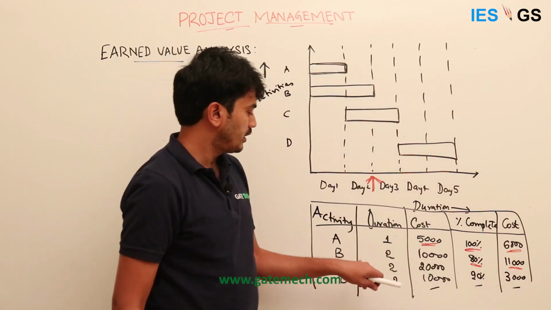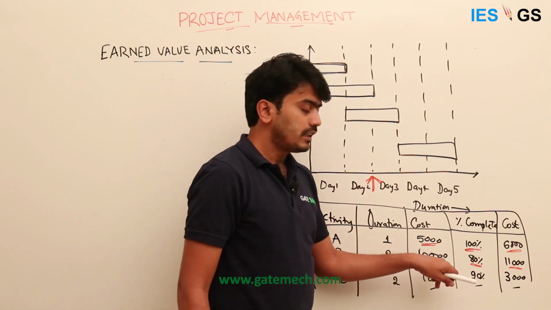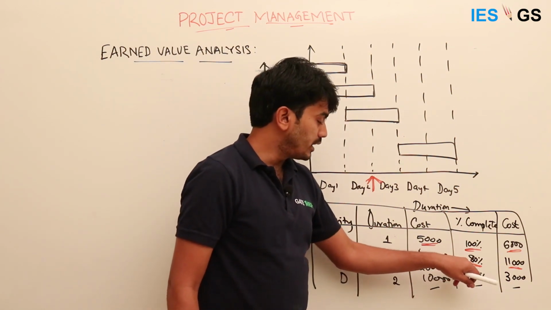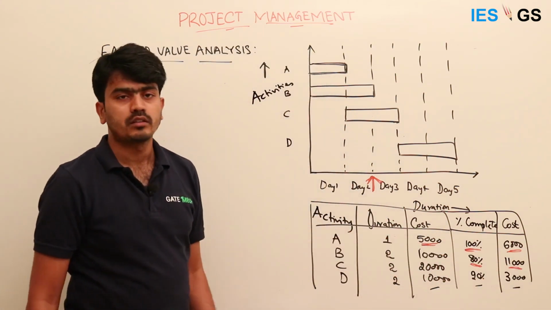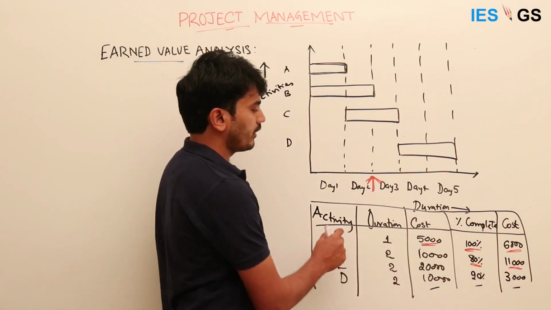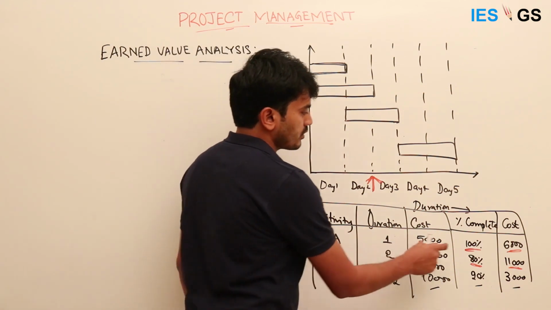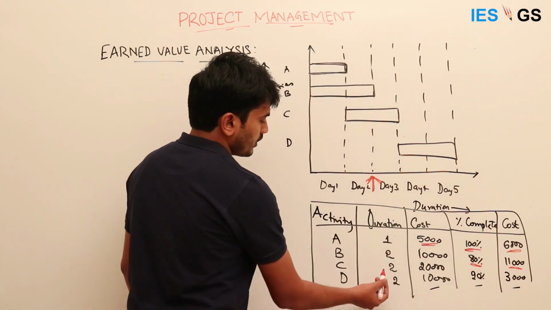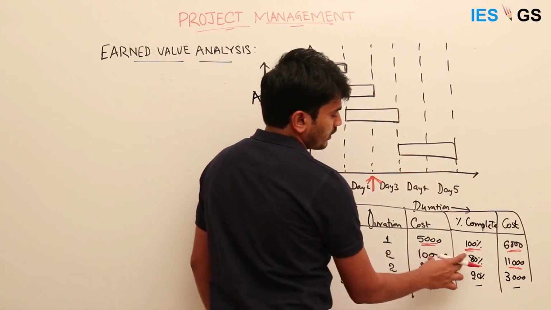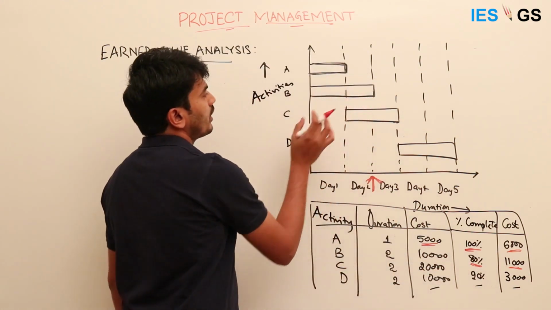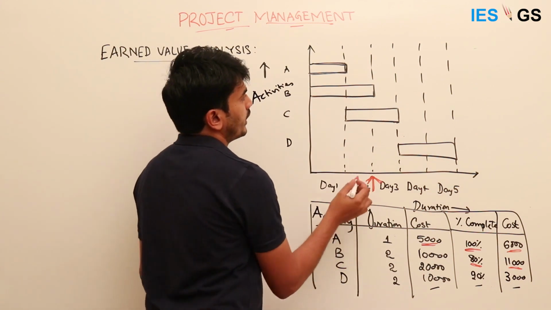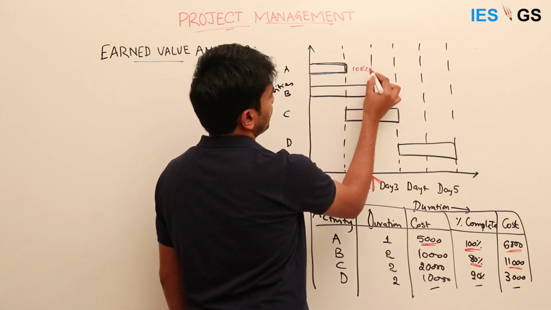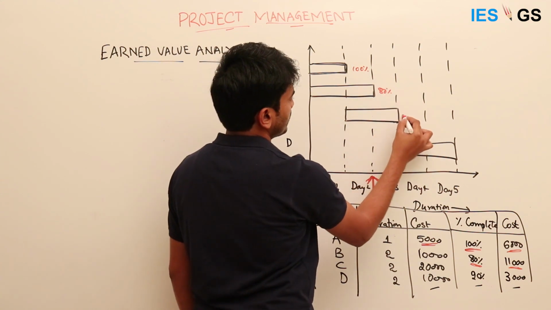For 100% of activity B we budgeted 10,000, and for only 80% it incurred 11,000. We can see a clear over costing for activity B, and in the case of A also it's over costing, and it doesn't meet the timing either. It should be 100% complete by the end of day 2.